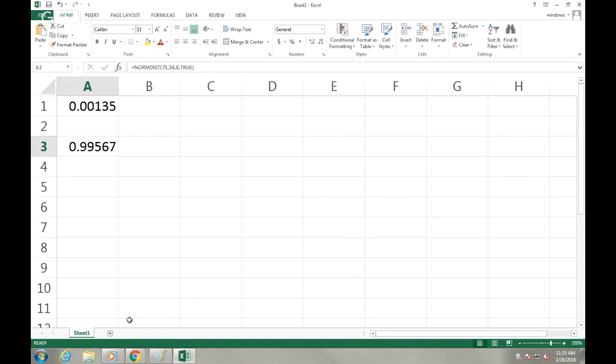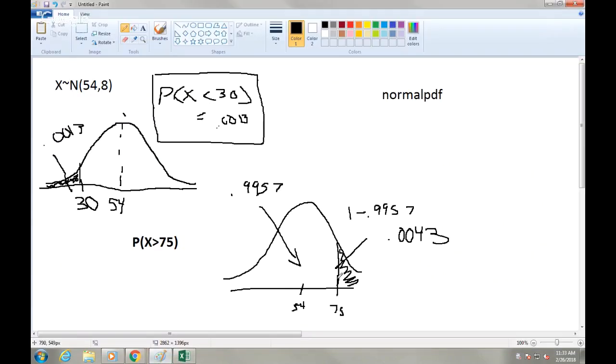The low end of your interval is now 75, because think of it as from here to here. Low end is 75. Upper end, we're going to have to make up some huge number. Okay? And you'll get roughly 0.0043. Okay?